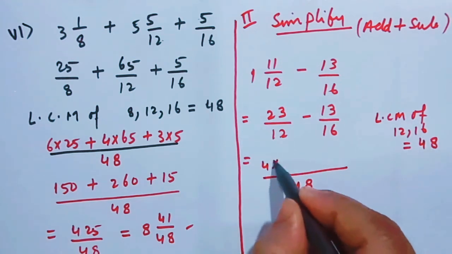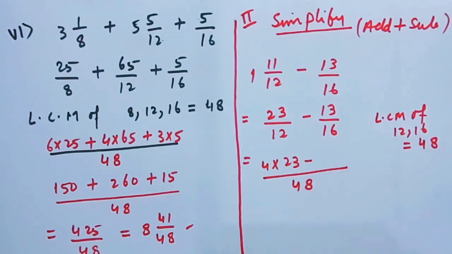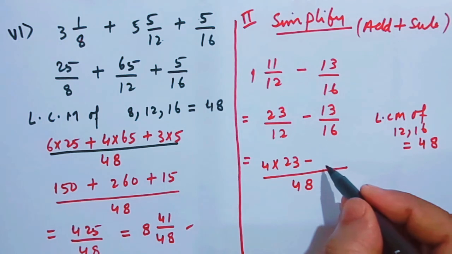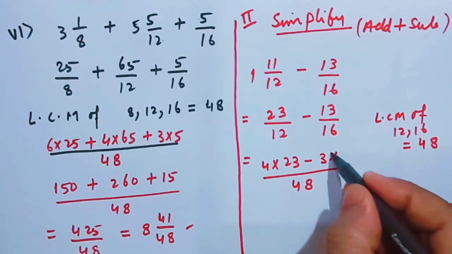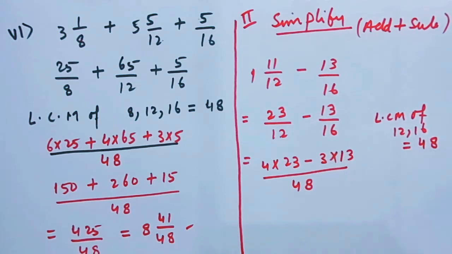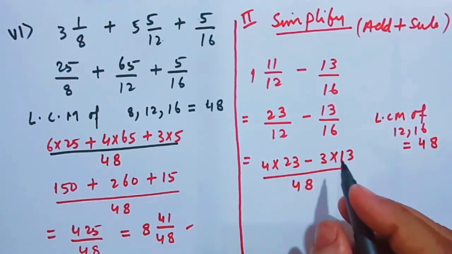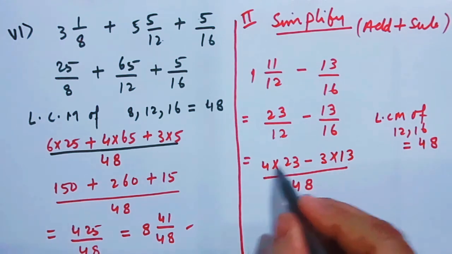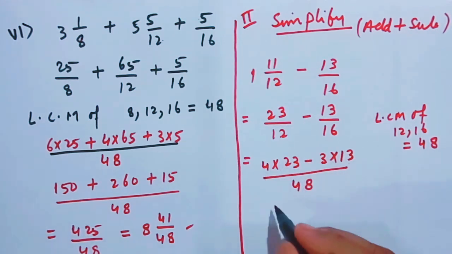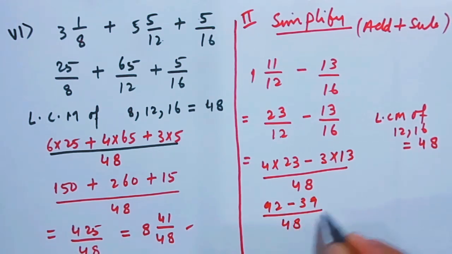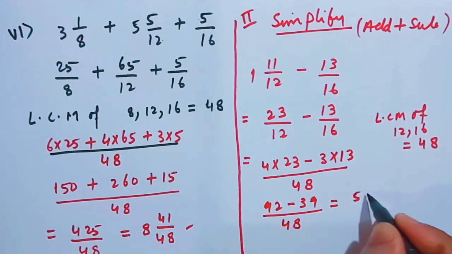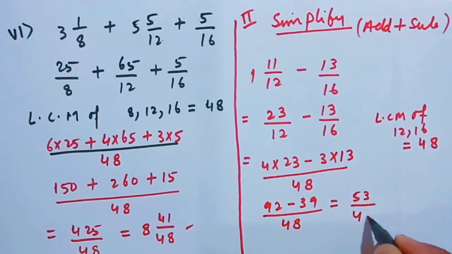So 4 times 23 minus 48 divided by 16 is 3, 3 into 13. 4 into 23 is equal to 92. 92 minus 39 by 48 is equal to 53 by 48.